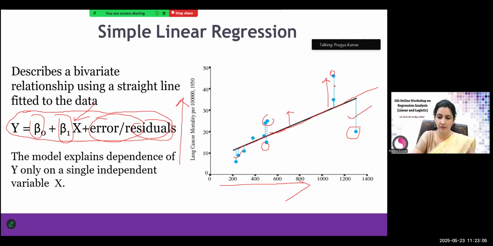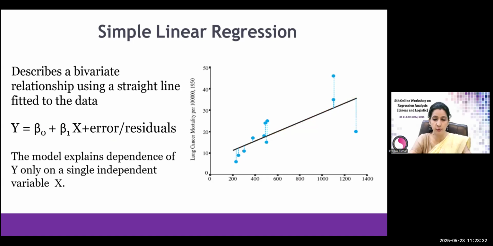And the points scattered here and there are the actual values. You should understand this, because when we see the plot, we need to understand how it looks to check for the assumptions. That's why you need to know what these blue points are.